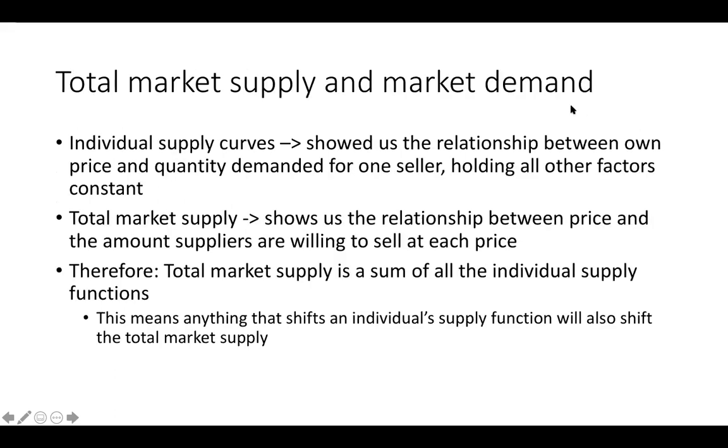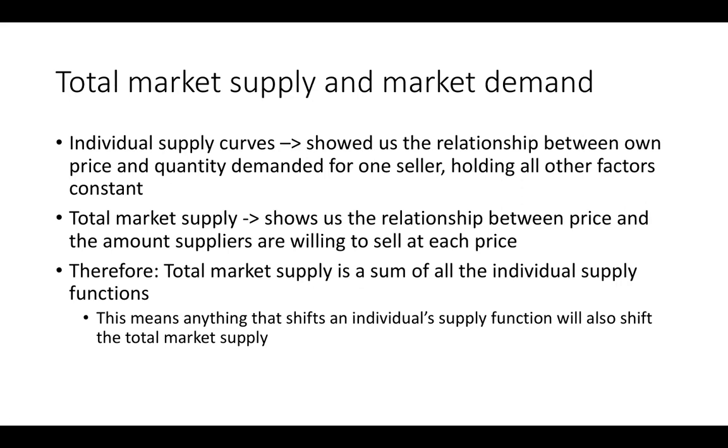Okay, so once again, going from that individual supply curve to that total market supply, we're going to do the same thing as we did with the demand. Sorry, disregard this demand up here. It's total market supply. So when we're looking at individual supply curves, we're seeing the relationship when all factors are held constant.